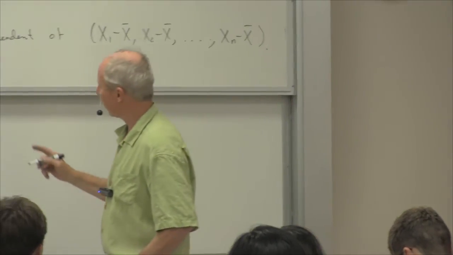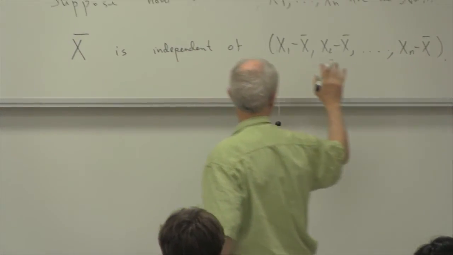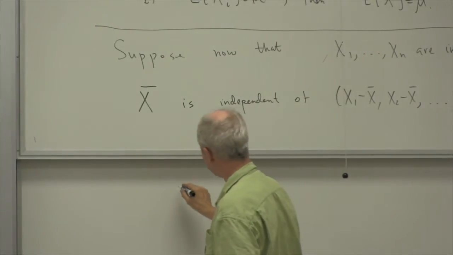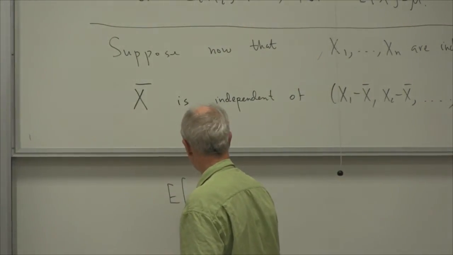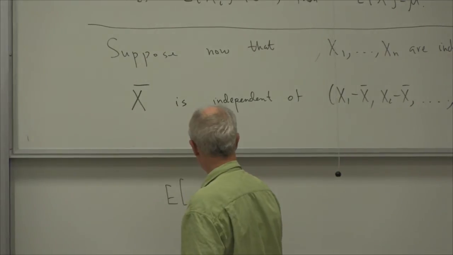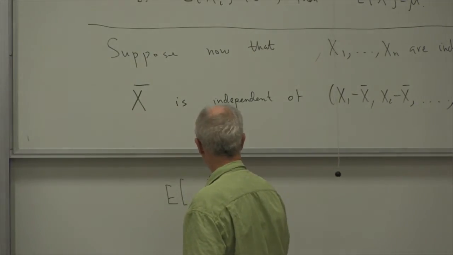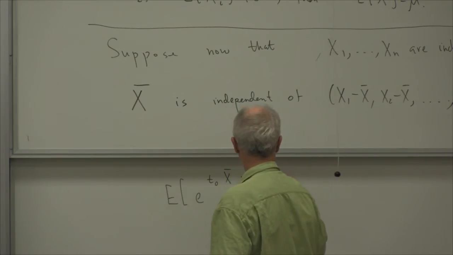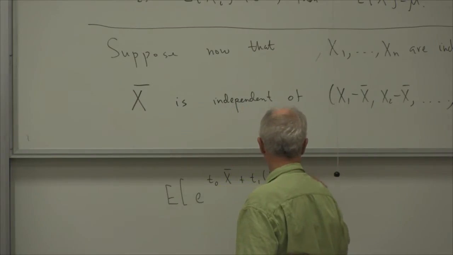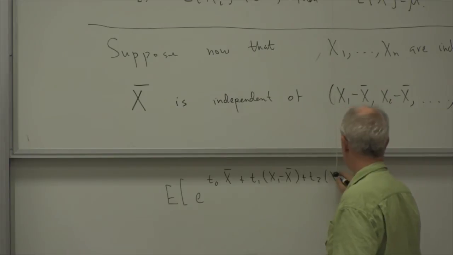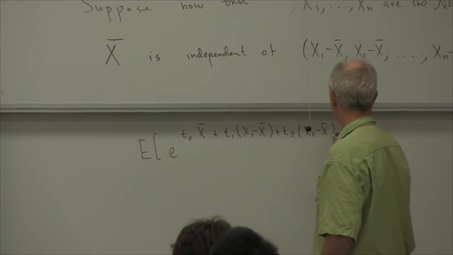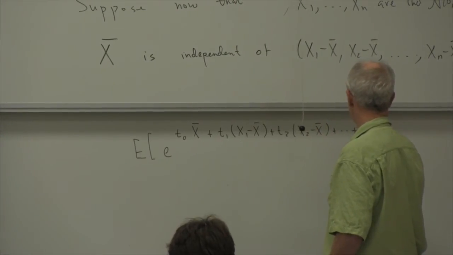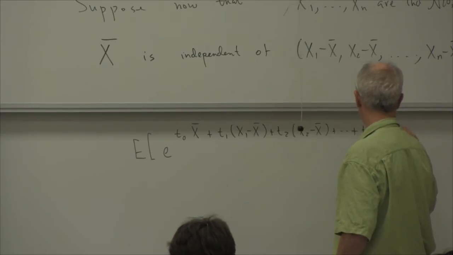For the vector-valued case, we have n plus 1 random variables here, so we need n plus 1 real variables, and here's what we do. We look at e to the t naught x bar plus t1 (x1 minus x bar) plus t2 (x2 minus x bar) plus etc., tn (xn minus x bar).